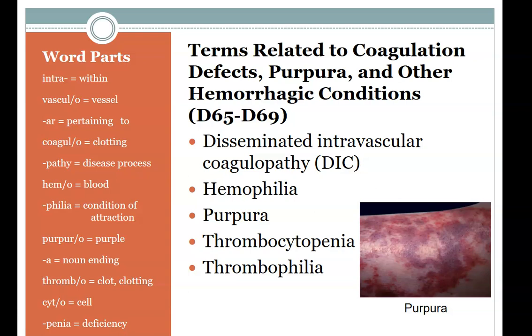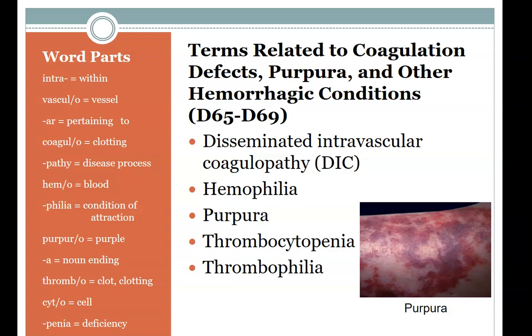Purpura is a bleeding disorder that's characterized by hemorrhage into the tissues. Purpura comes from the Latin word for purple. Thrombocytopenia is a deficiency of platelets, which are known as thrombocytes, that causes the inability of the blood to clot. This is the most common cause of bleeding disorders. Thrombophilia is an increase in the body's tendency to form clots.